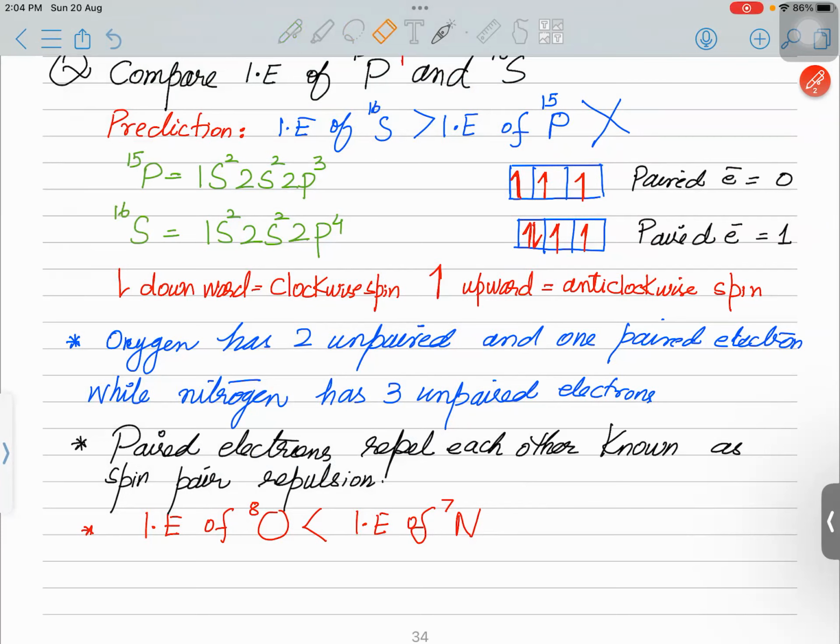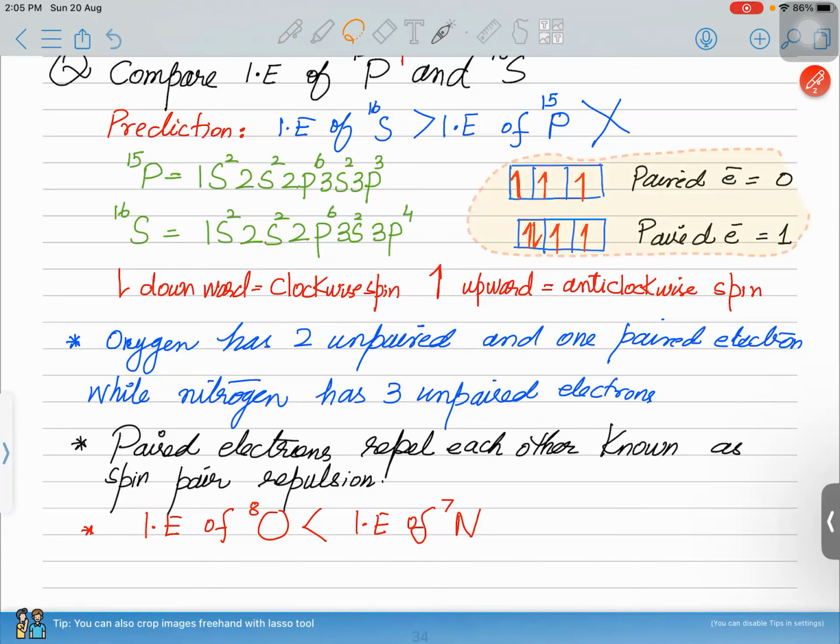Phosphorus: 1s2, 2s2, 2p6, 3s2, 3p3. Sulfur 16: 1s2, 2s2, 2p6, 3s2, 3p4.